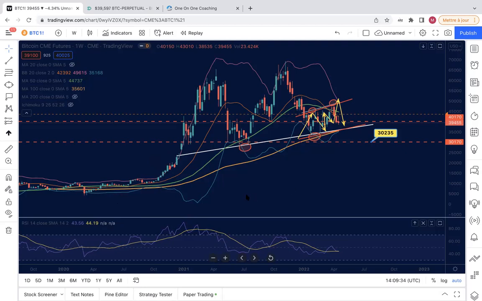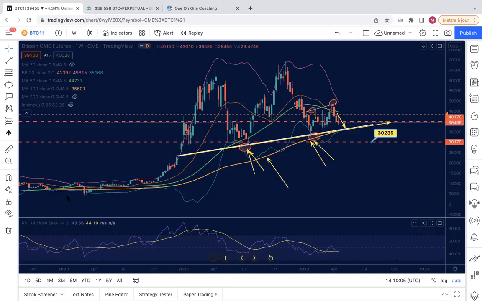Now, what do we expect from the Bitcoin? Let's analyze step by step. Here we have an ascending, inclined trend line that held each time the Bitcoin went there. One, two times here, and here two times. And you can see that now it is very near that zone. This zone as well is that yellow or orange curve.